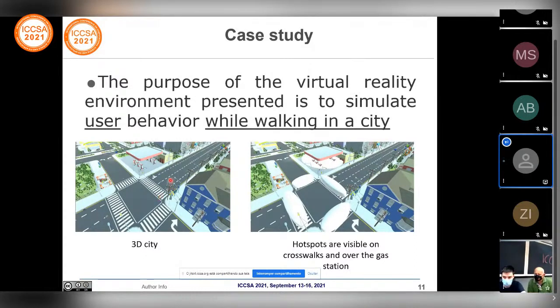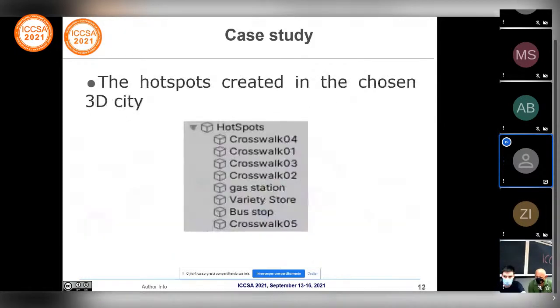The hotspots created to track the user behavior are present in the figure on the right. Here, we have some hotspots. We are interested in whether the user utilizes the pedestrian crossing properly when navigating to some place such as the gas station or bus stop.